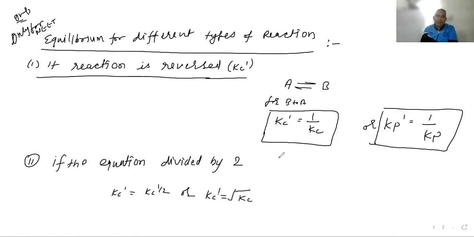Or Kp dash is equal to Kp power 1 by 2, that is, root of Kp. You need to write this one because numericals will come on this.